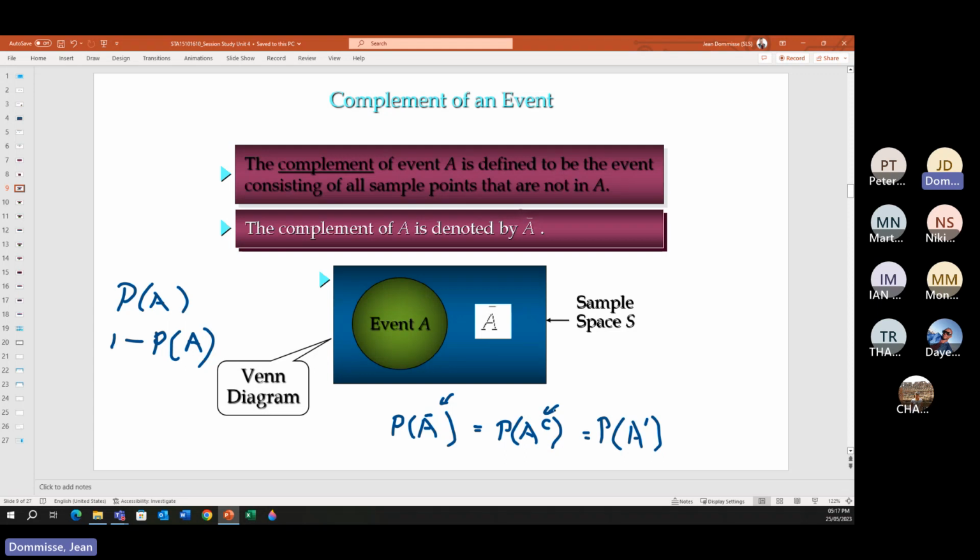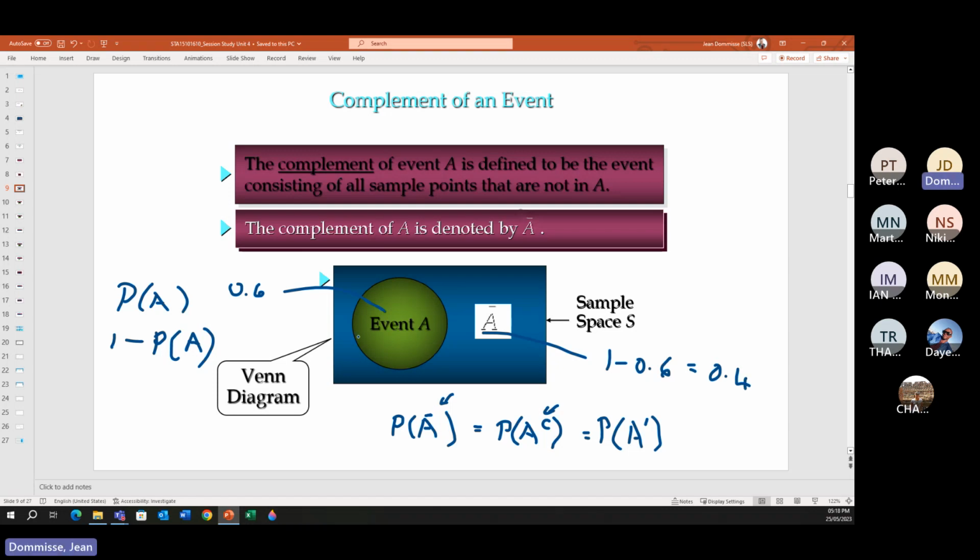So again, it happens to be shown differently, but what it means is, if the probability of event A was 0.6, the probability of the non-event happening is 1 minus 0.6, which will give us 0.4.